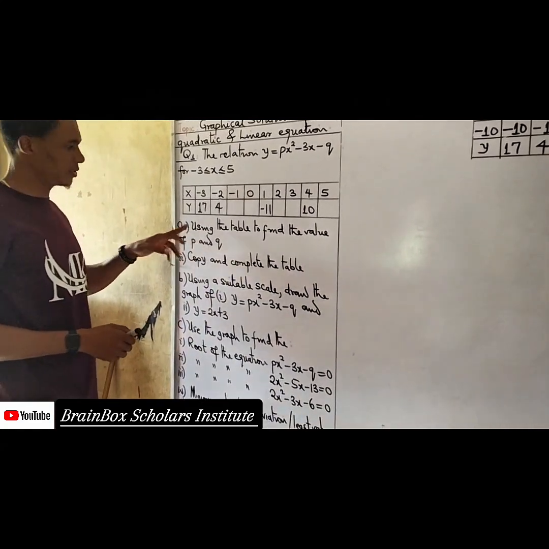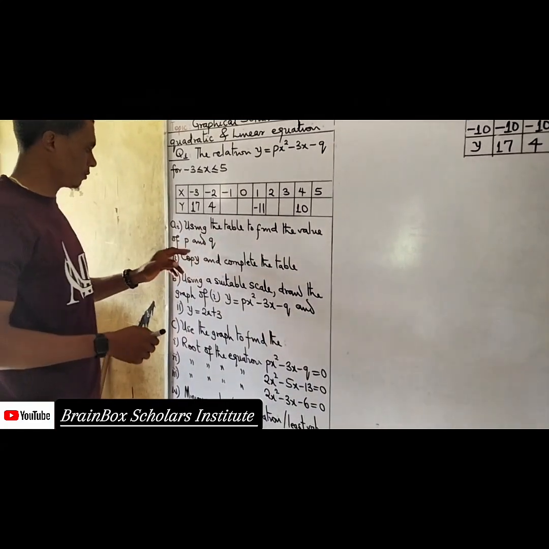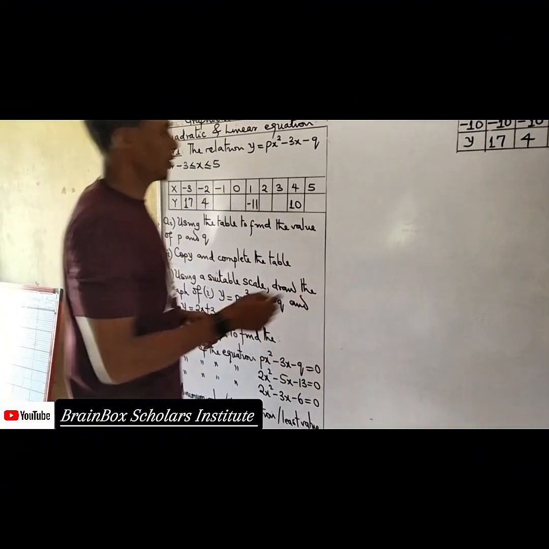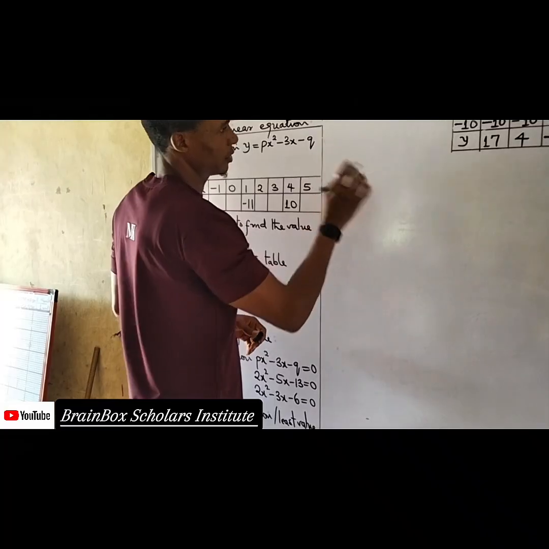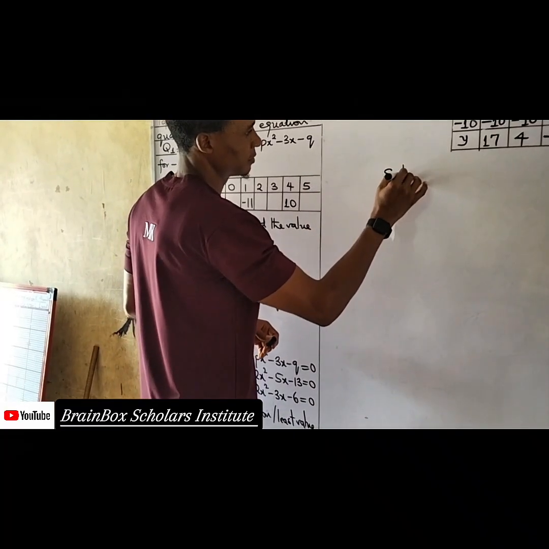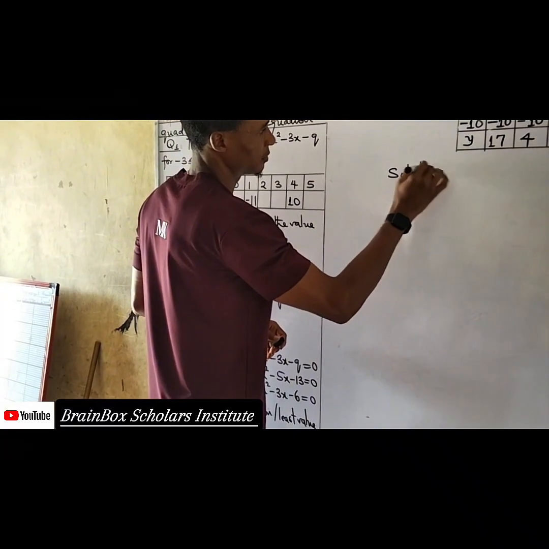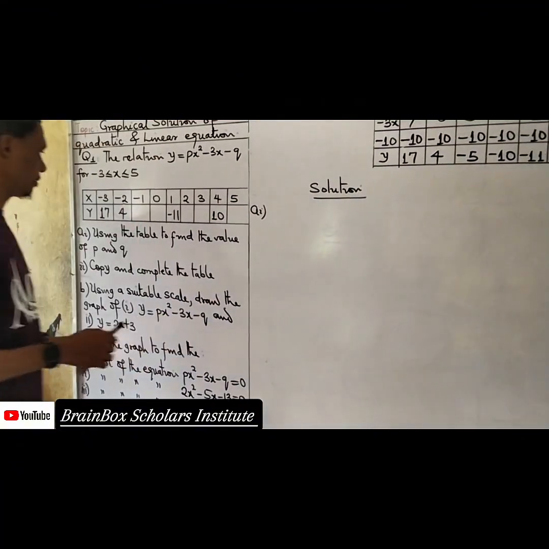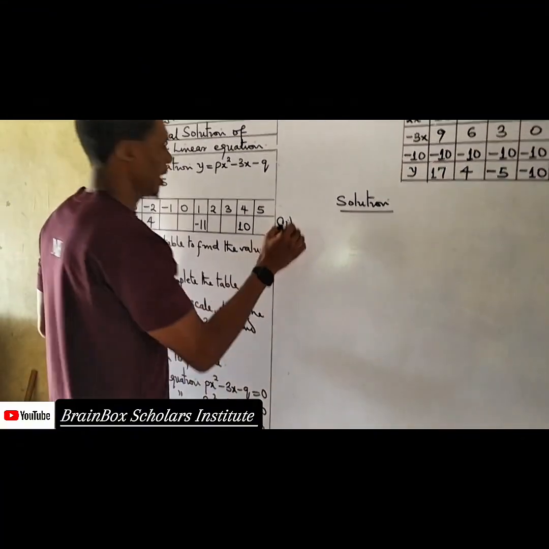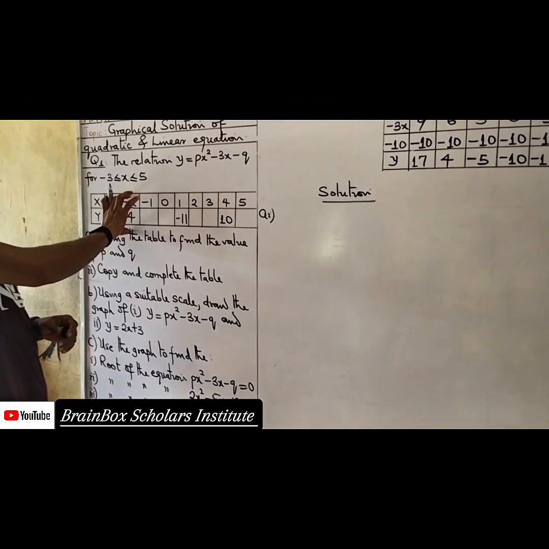(a)(i). It says using the table to find the value of p and q. So for (a)(i), solution. Now for the (a)(i) one. Now I'm going with this.